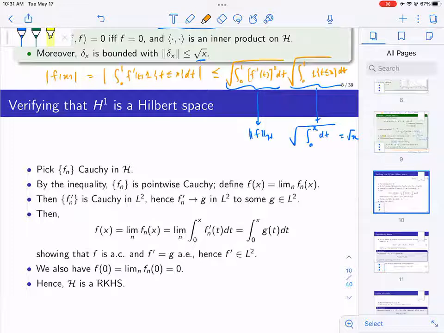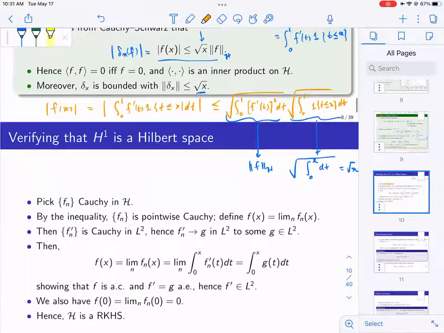So pick a Cauchy sequence in H. We now want to verify that Cauchy sequences converge. By the inequality that we just had, |fₙ(x)| is less than or equal to root x times the norm of fₙ in the Hilbert space. Because we're Cauchy in this norm, by that inequality |fₙ(x) − fₘ(x)| is less than or equal to root x times the norm of fₙ − fₘ.